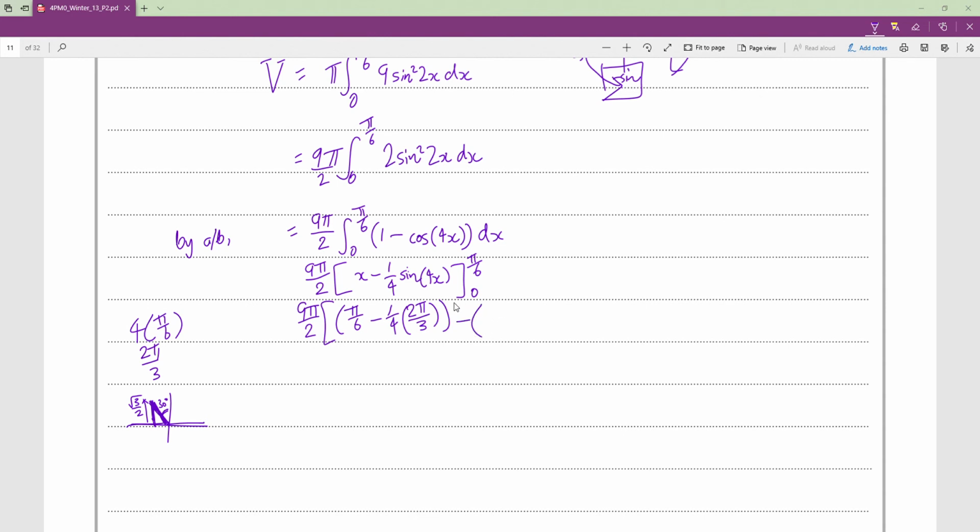Minus, and then 0 minus 1 over 4 times 0, which is sine 0. So that's all 0, we can ignore it. 9 pi over 2 times pi over 6 minus... Hold on a minute.